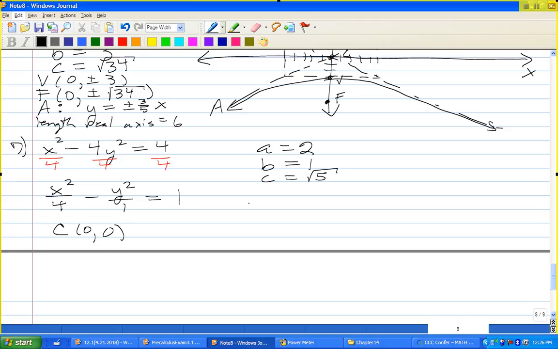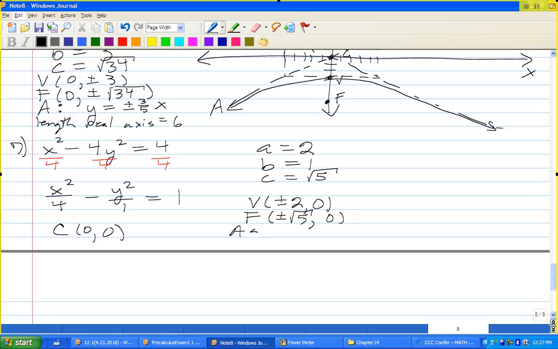The vertices will be at x is positive, plus or minus 2, 0. The foci will be at plus or minus rad 5, 0.